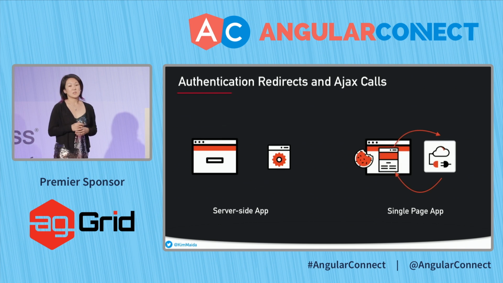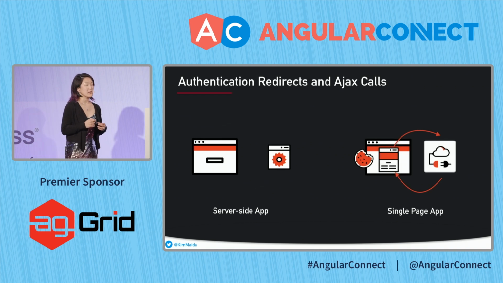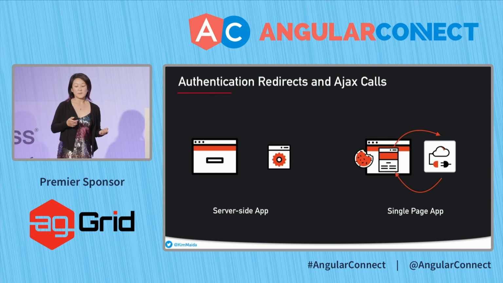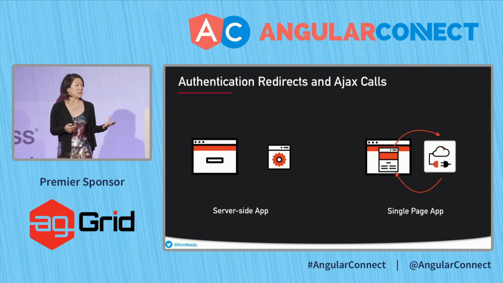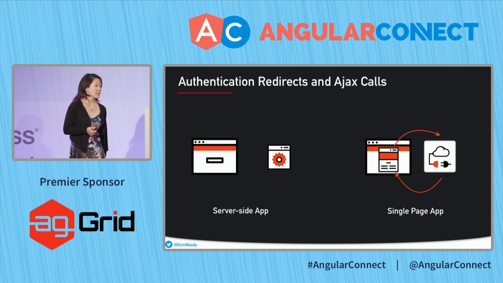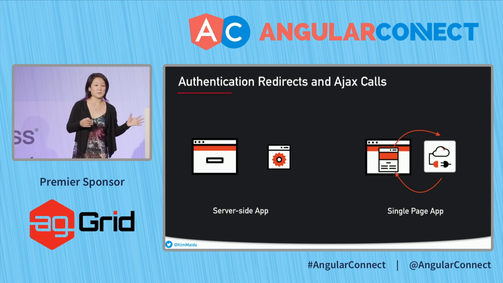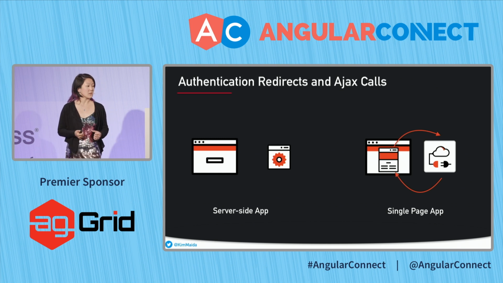On the other hand, single-page applications request data using AJAX calls. So in this case, if the cookie is expired or there is no cookie, then the response that they get is still going to be a 302 authentication redirect, right? Because we're using the structure of securing the entire ecosystem with cookies.